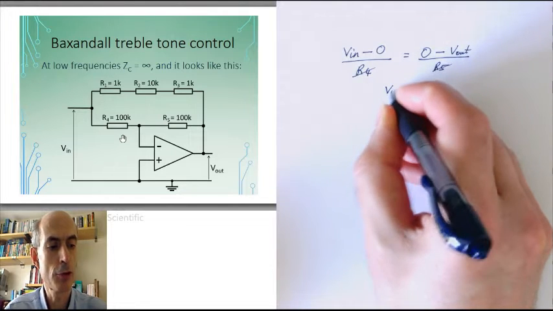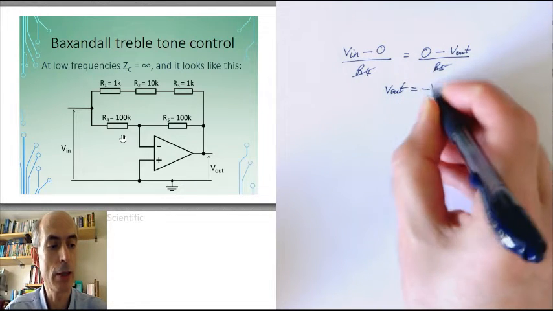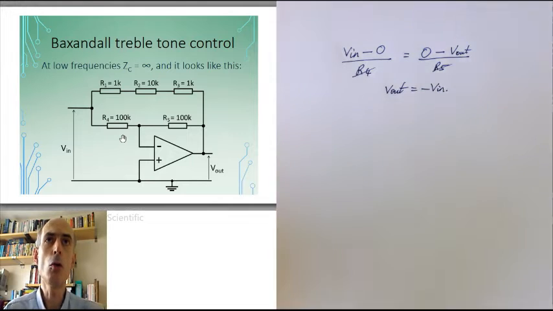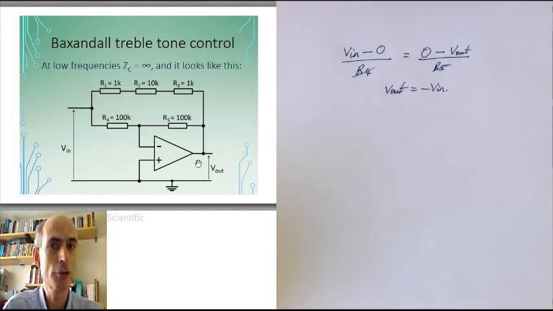And that just gives us Vout equals minus Vin. All the other three resistors up here do is cause a bit of extra current to flow from the input to the output, or vice versa. They don't affect the gain of the circuit at all. So that's what happens at low frequencies. Vout is just equal to minus Vin. We have a gain of 0 dB.